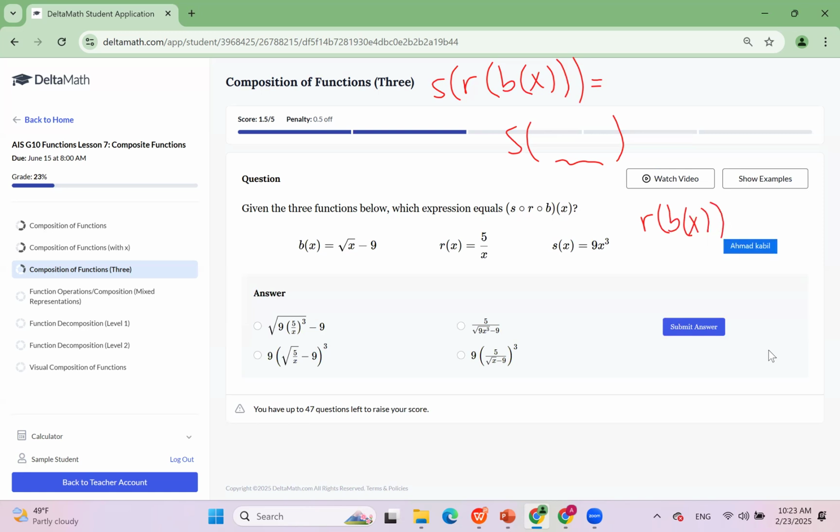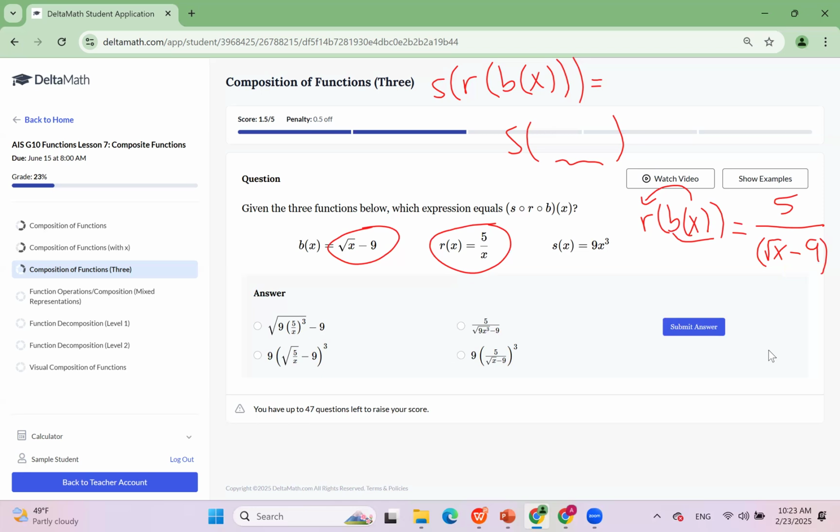Now this is b inside the r, so we're going to go to the r and write it with brackets. So this is going to be 5 over a bracket. And inside the bracket, instead of x, we have b of x, which is this expression here. So we're going to put root x minus 9.